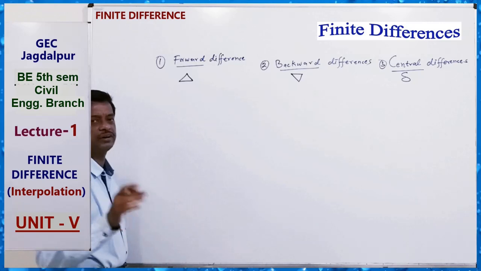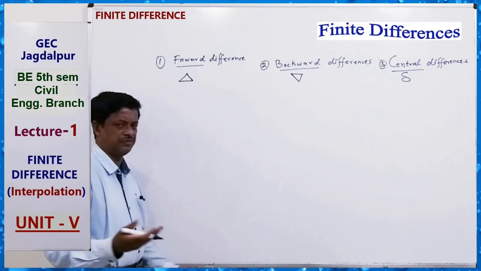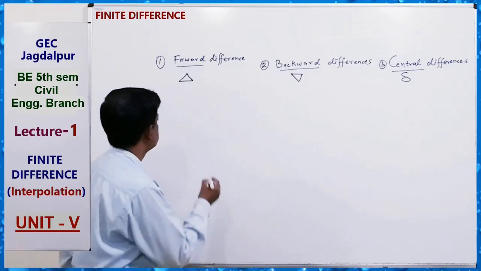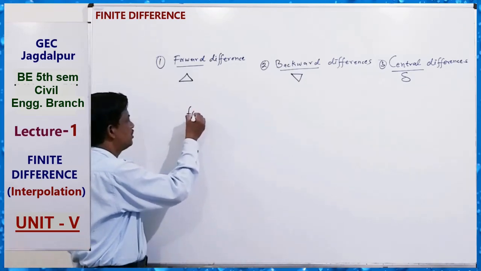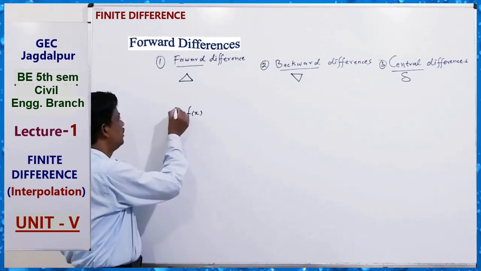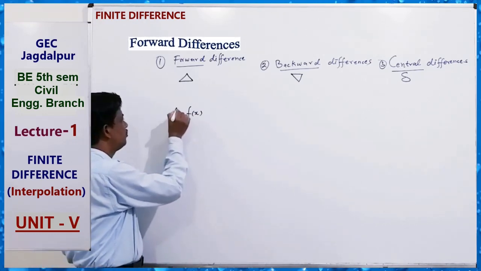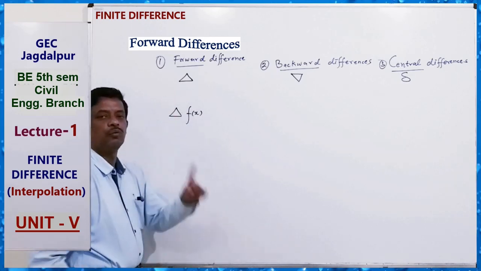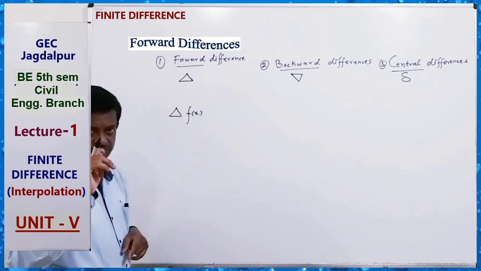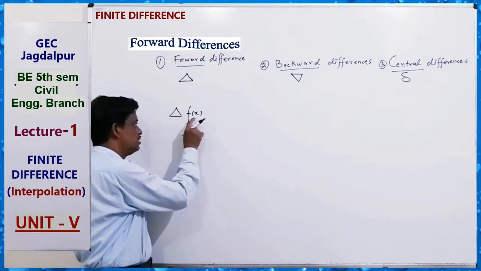Suppose we have a function y, that is f(x) or y. Suppose we have function f(x), and the first order forward difference of this.